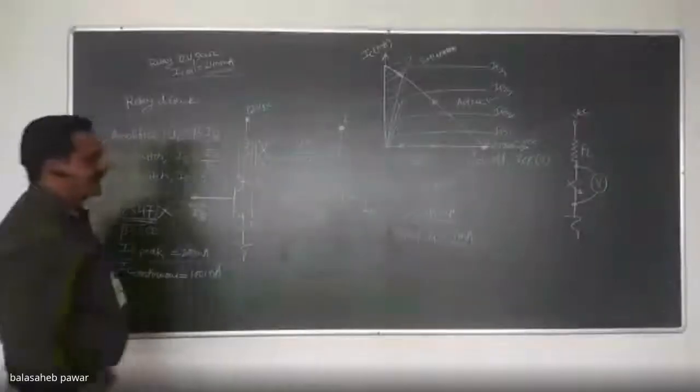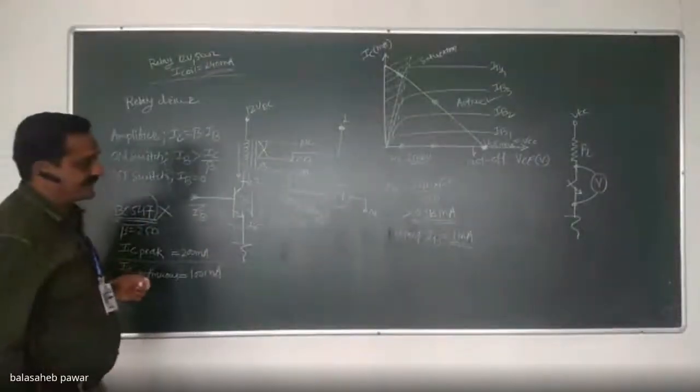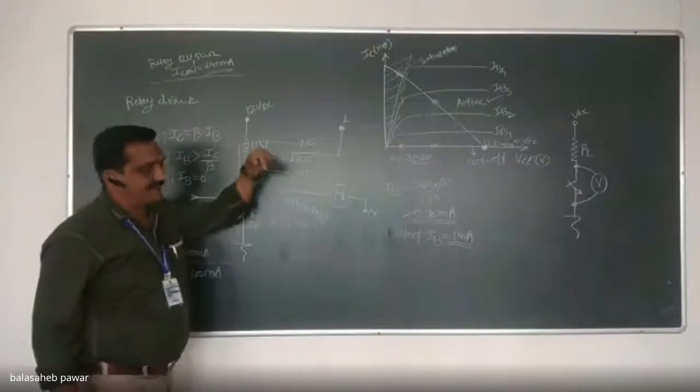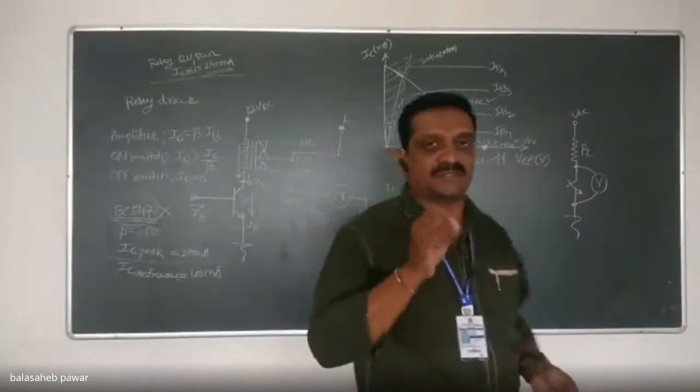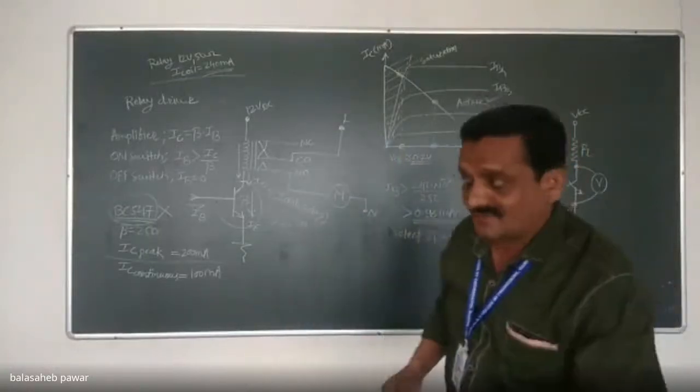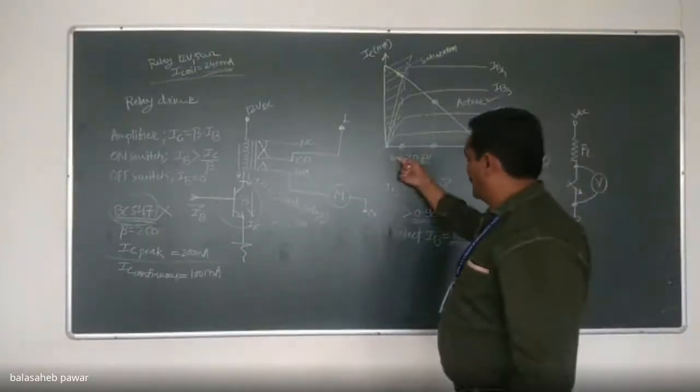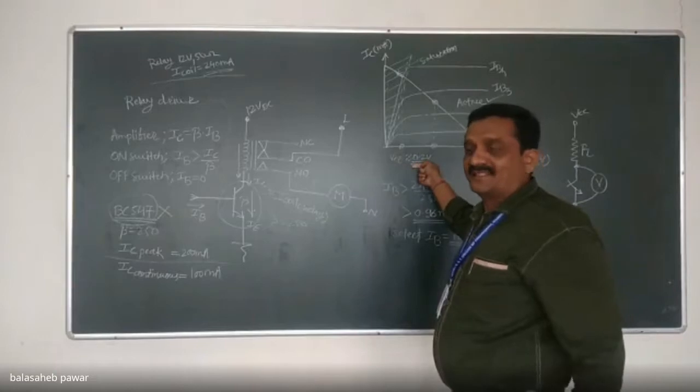Now, if the base current is allowed as 1 milliampere, the transistor will be forced into the saturation region. That means it will work as a perfectly closed switch. That means the drop across the transistor will be minimal, approximately 0.2 volts, a negligible drop, right?